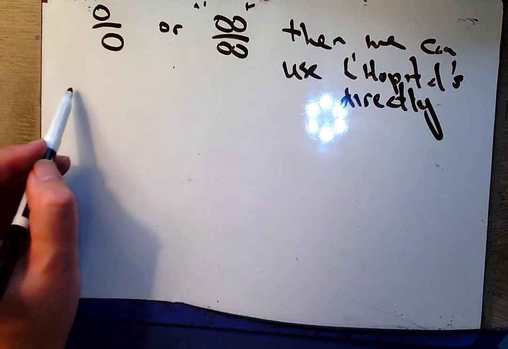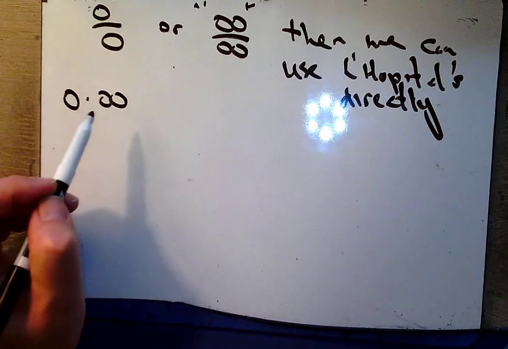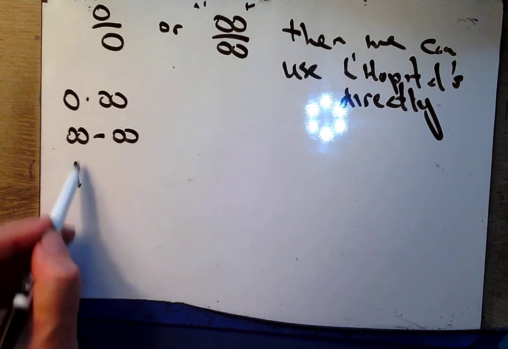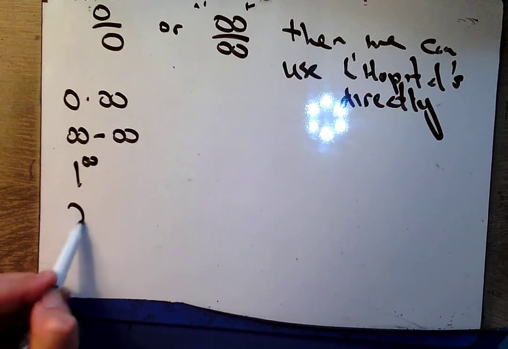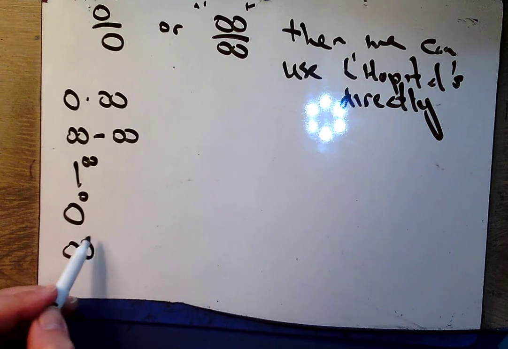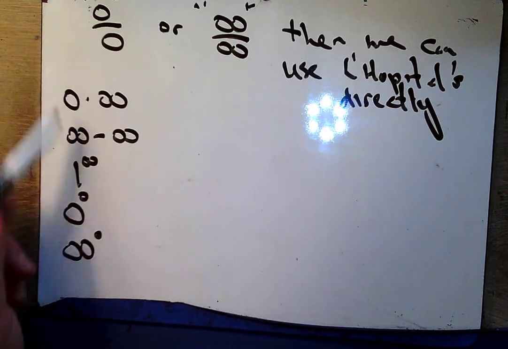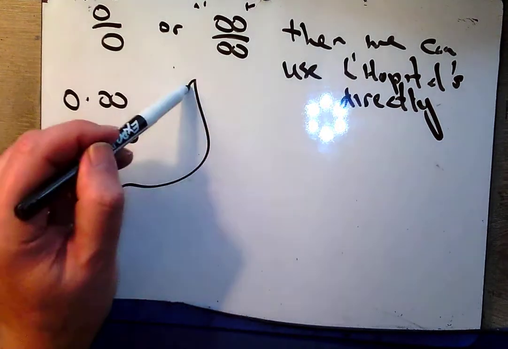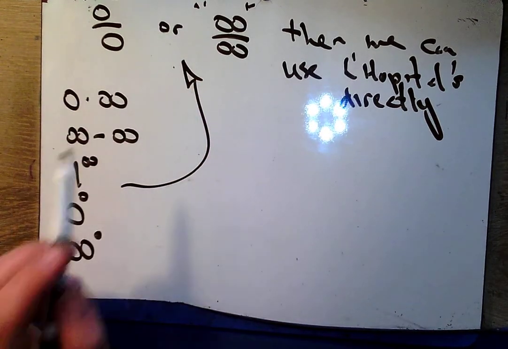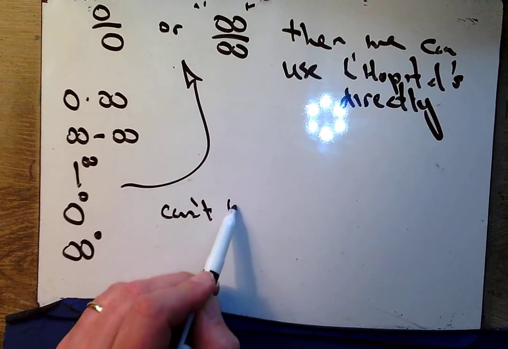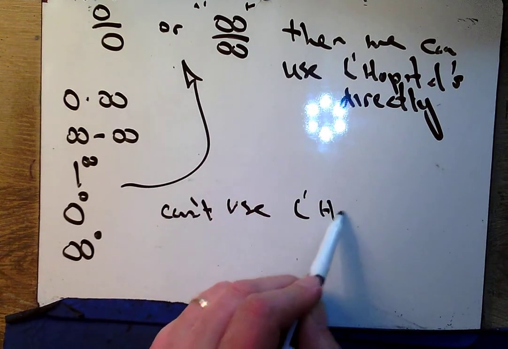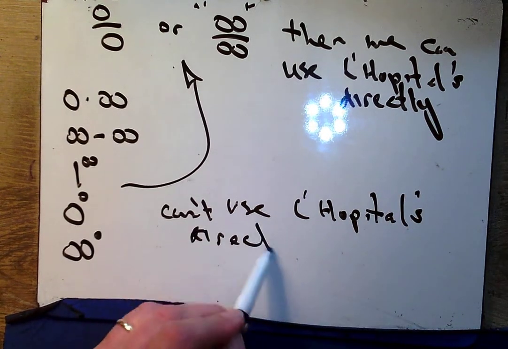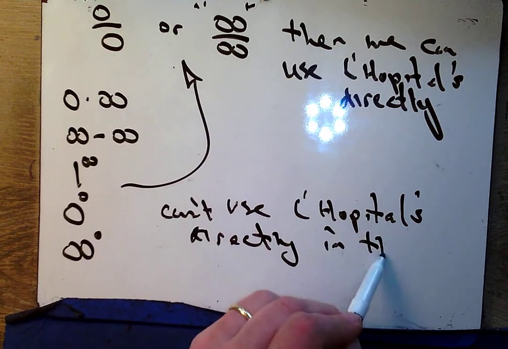But there are other indeterminate forms, like 0 times infinity, infinity minus infinity, 1 to the infinity, 0 to the 0, and infinity to the 0. All of these can be rewritten into that form, but I can't use L'Hopital's directly in these situations.